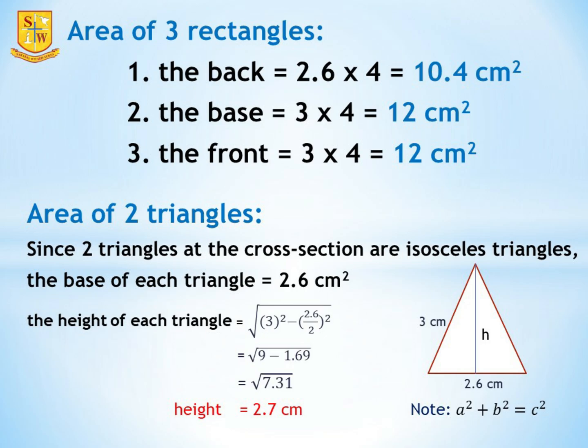Therefore, the height of each triangle equals the square root of 3 squared minus (2.6 divided by 2) squared, which equals the square root of 9 minus 1.69, which equals the square root of 7.31. Therefore, the height of the triangle is equal to 2.7 centimeters.